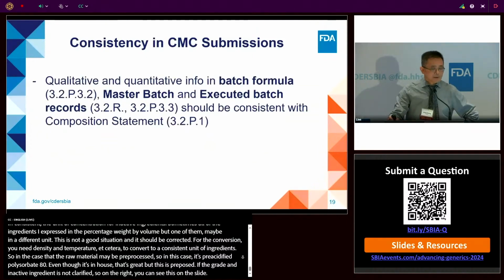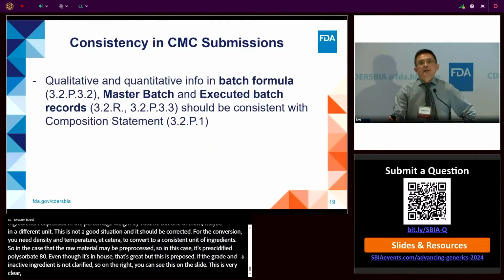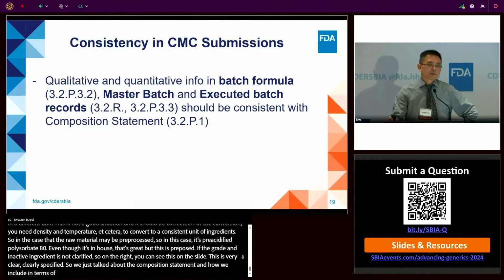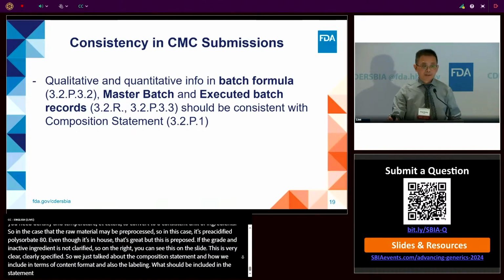So we just talked about the composition statement, how we should include it in terms of content and format, and also the labeling, what should be included in the statement of ingredients. Throughout the CMC submission, actually, there is more to be taken care of.